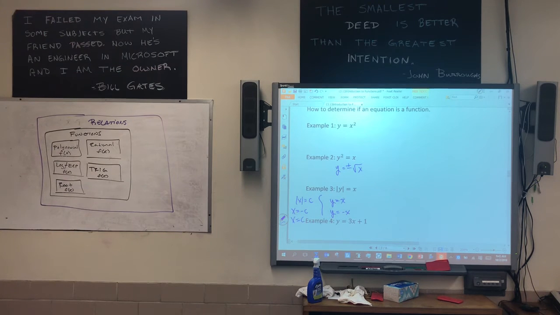So I've got options, it's just like I had options up here. If I choose x to be 3, I could have y to be 3, or if x is 3 there, plug in 3, what do I get back? Negative 3. You see how that violates the definition? Okay.